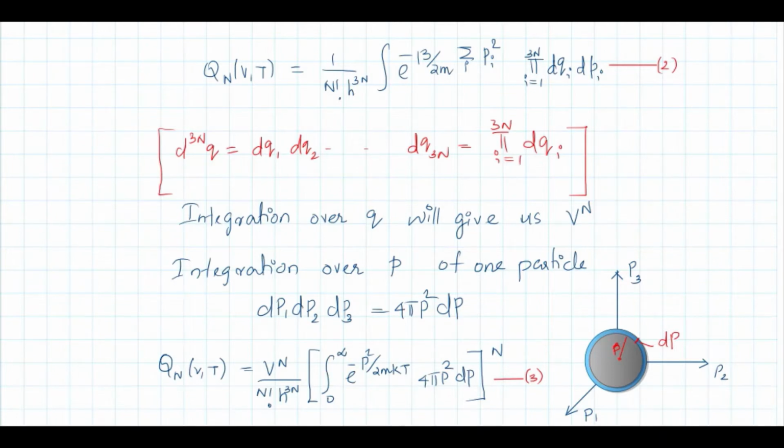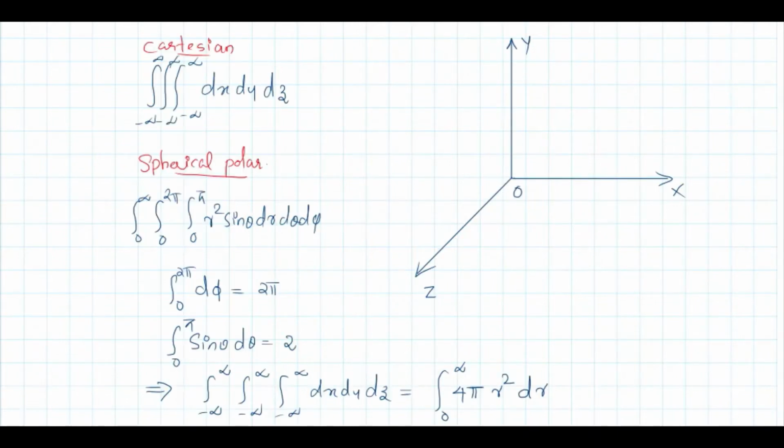And for a single particle, you can write the momentum part as e raised to minus p square, where p square is p1 square plus p2 square plus p3 square, divided by 2m kT. If you do it n times for n particles, this is for a single particle, this square bracket. If you have n particles, that will be just this quantity raised to n. So this is the partition function.